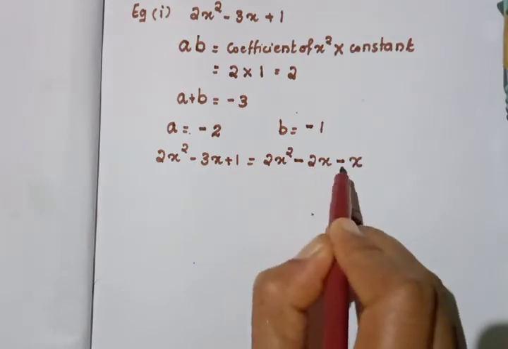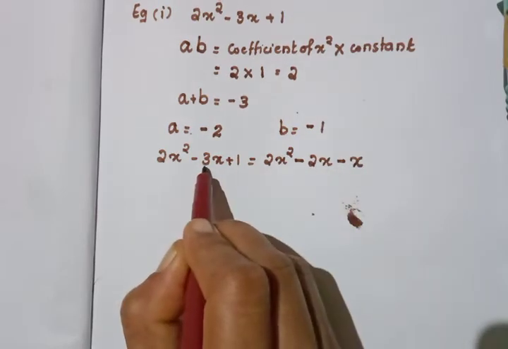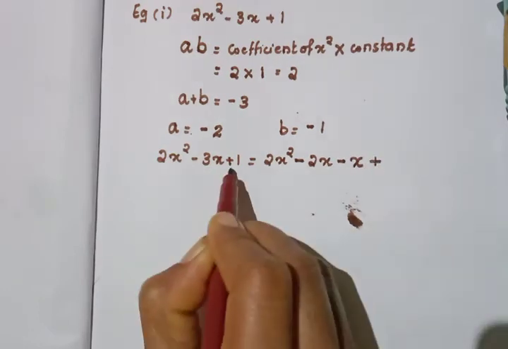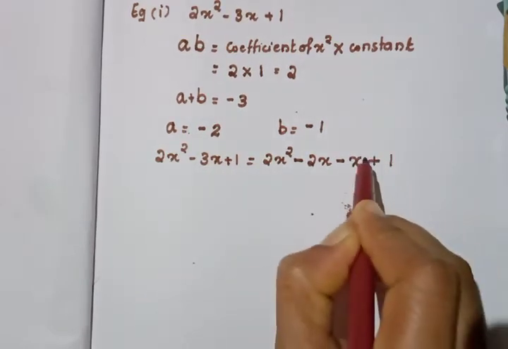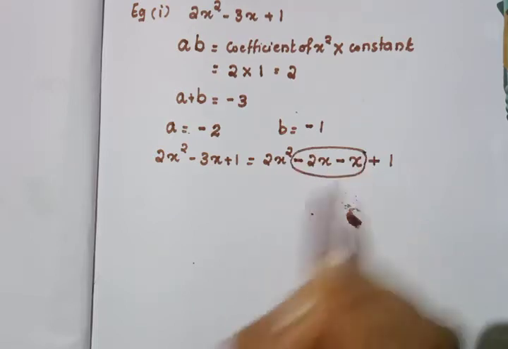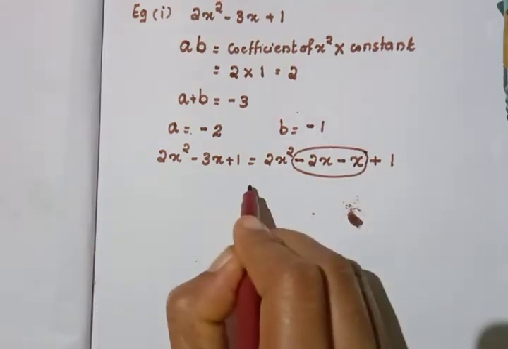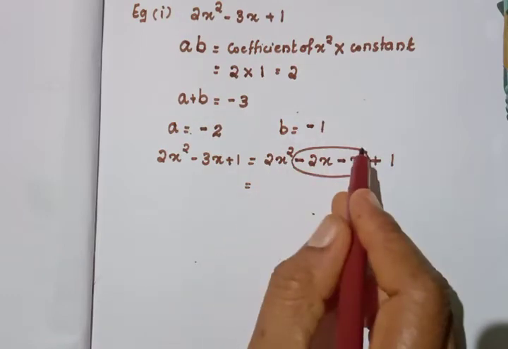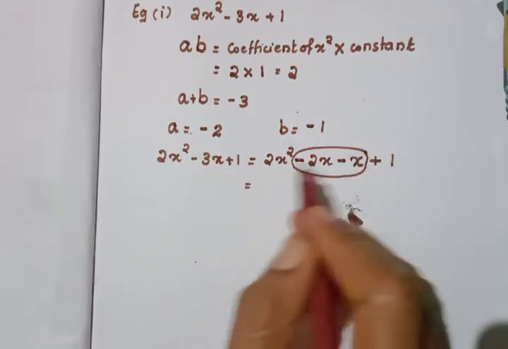What is minus 2x minus x? Negative 2 plus negative 1, you are getting negative 3x, which is the middle term, plus our last term, the constant. You need not mark it like this, just write without the symbol.